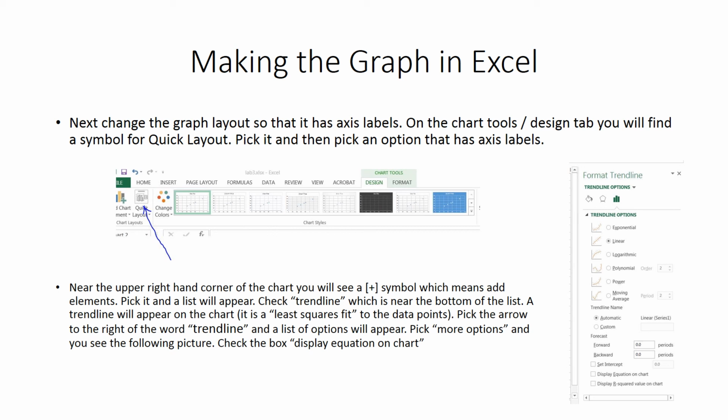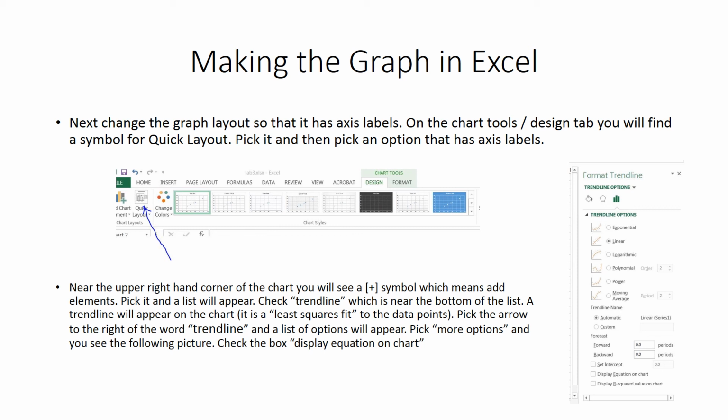Now what we'd like to do is add a trend line that goes through the data points. And when we do that, we'd like to know what the equation of that line is. That's how we're going to get the values of alpha and beta. Near the upper right-hand corner of the chart, you will see a plus symbol, which means add elements.